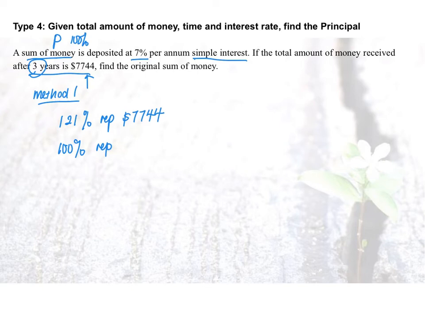Using my proportion, 100 over 121 times 7744. And I'll be able to get my answer of $6,400. So therefore, original sum.